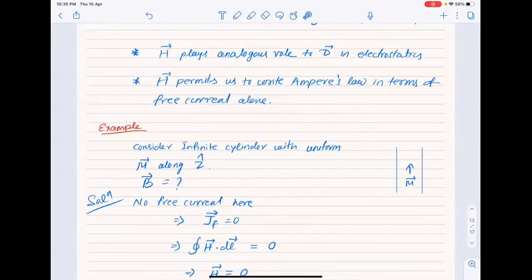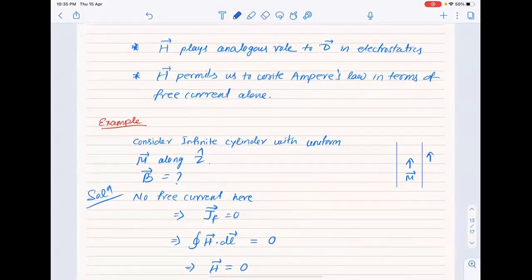As a simple example, let's consider our familiar example, which is a wire, a cylinder, and let us say that there is some magnetization M along the Z axis. So this is my Z cap axis. We have a cylinder with uniform M, so M is uniform along Z cap.